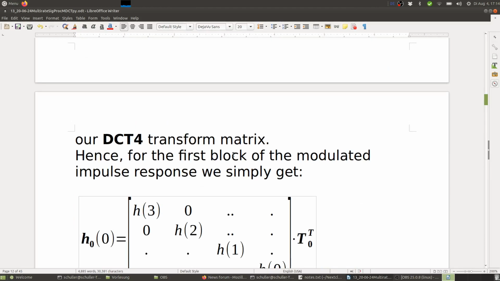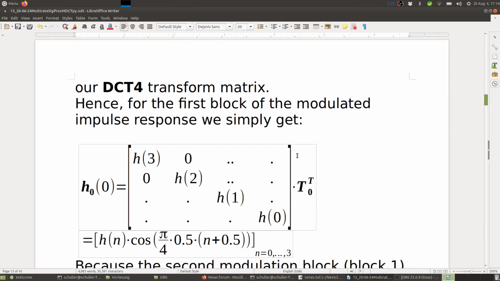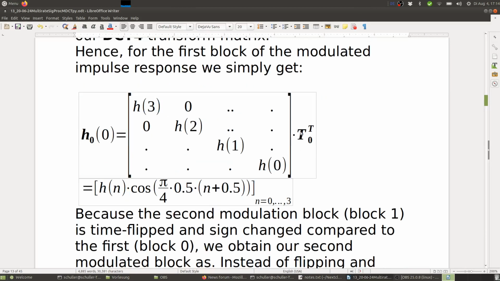So hence, for the first block of the modulated impulse response, we simply get this. We have here T naught transpose, so this is the first block of our cosine modulation function as a column vector here. And here we have on the diagonal our baseband prototype impulse response, the first 4 samples. Right? And we can see they appear on the diagonal, and this corresponds to element-wise multiplication.